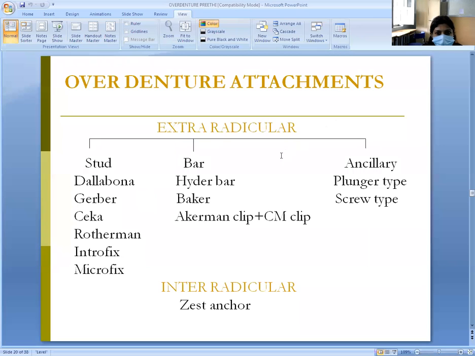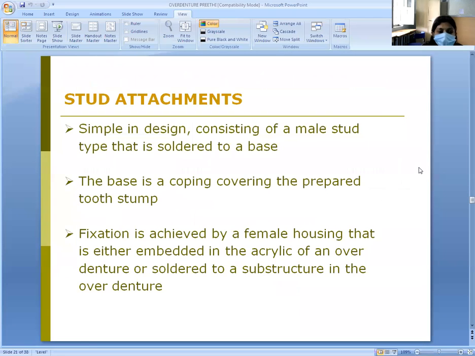Overdenture attachment classification: extraradicular and intraradicular. In extraradicular, we have stud type of attachment, bar, and ancillary. Stud attachment is simple in design and consists of a male stud that is soldered to the base. The base is nothing but the coping covering the prepared root stem.